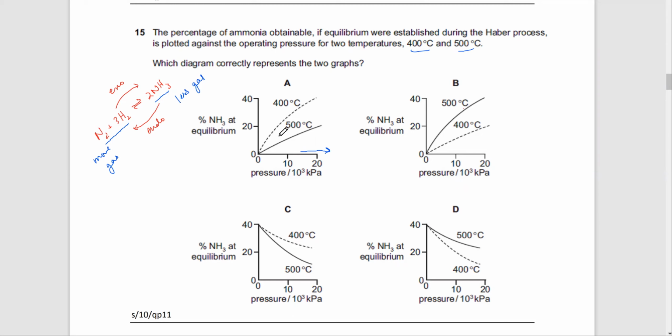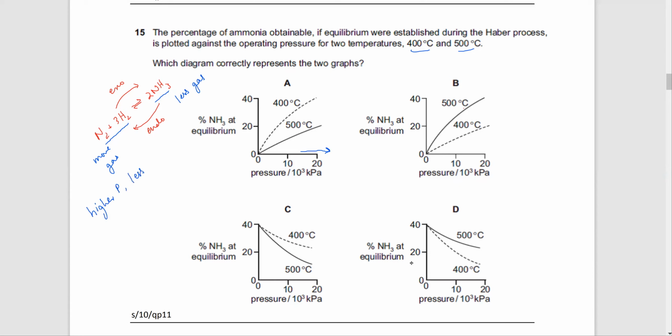As pressure increases, you get more ammonia. Forget the temperature. The graphs are rising. As pressure increases, you get more ammonia. The other one is, as pressure increases, you get less ammonia. So we're going to figure this out. Higher pressure. Which side is favored? Less gas moles.